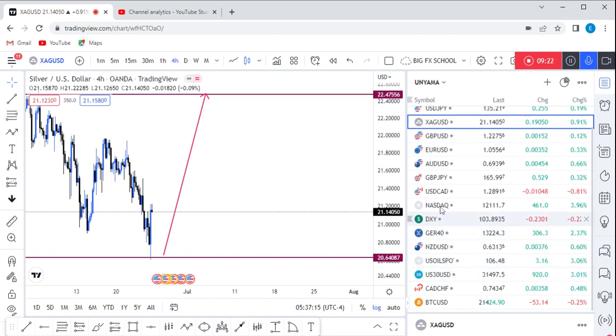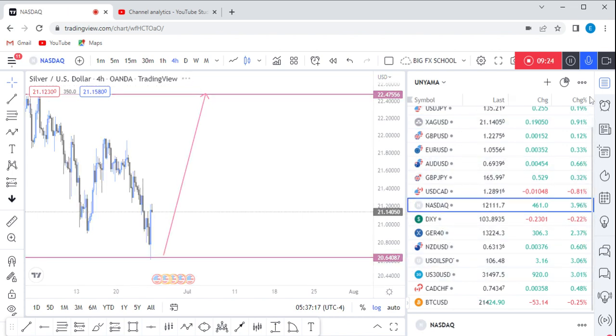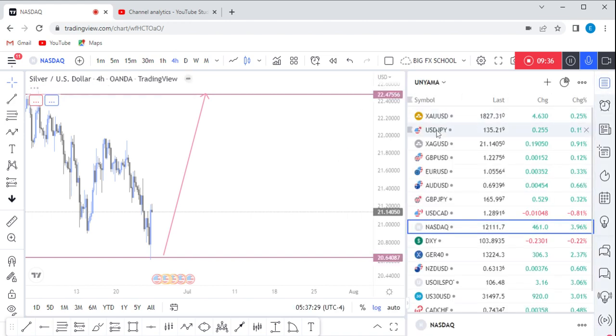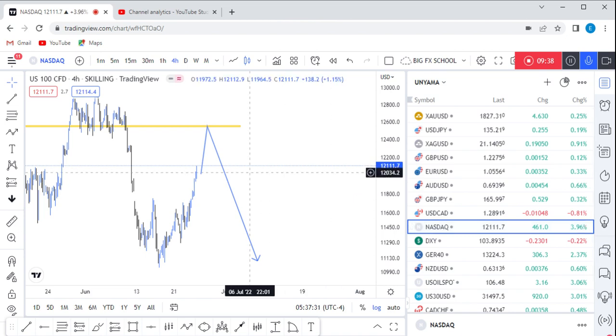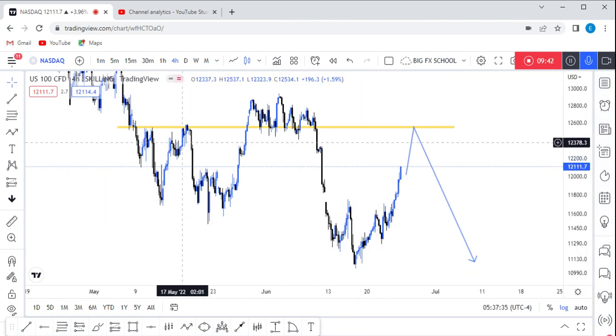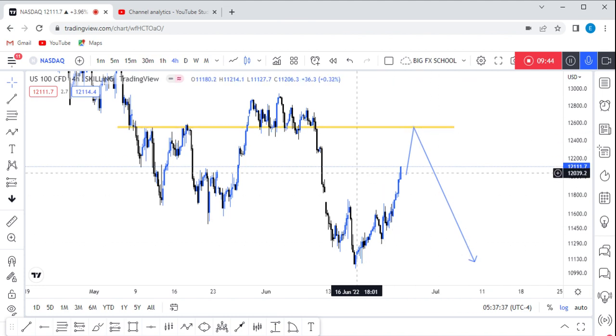Another setup, Nasdaq. Nasdaq must touch here, then fall down.